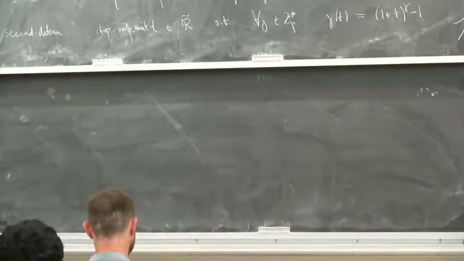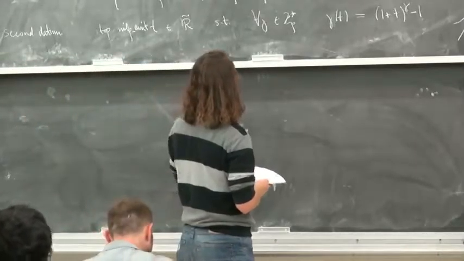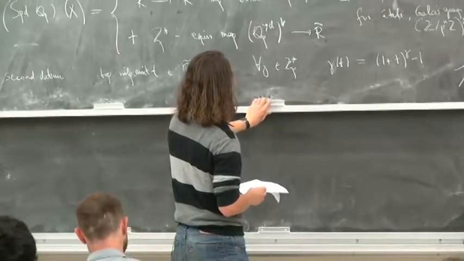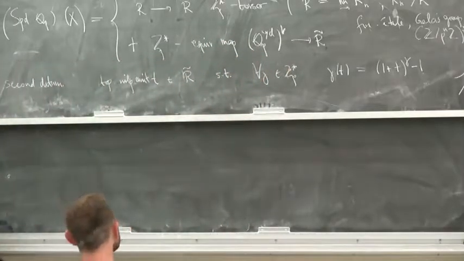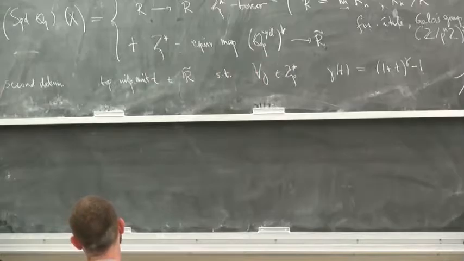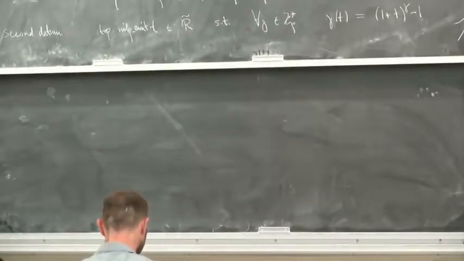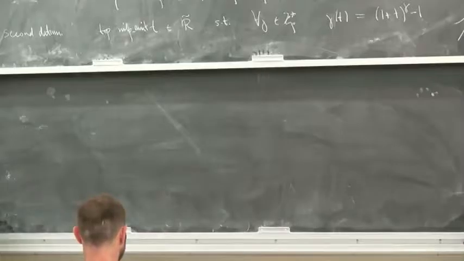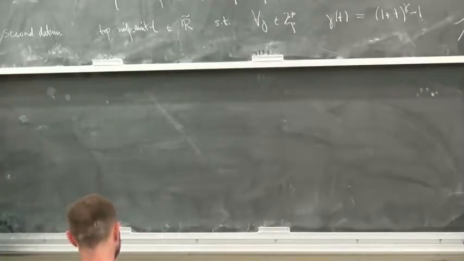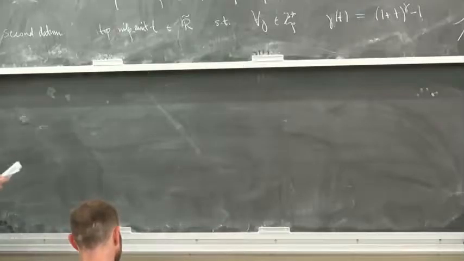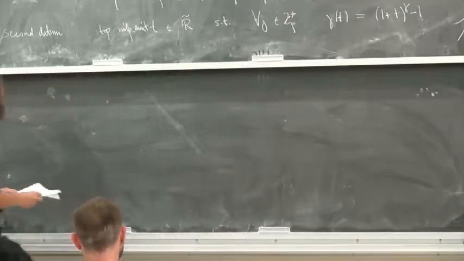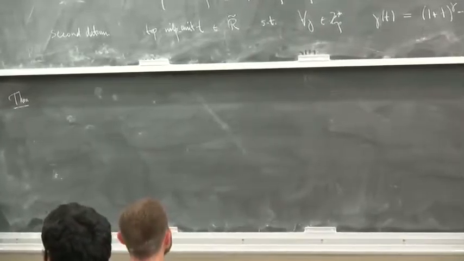So we would like to say that this gives us a map from the invariants in here to R itself, but there are no invariants. Sorry, is the action fixed point free in some sense?